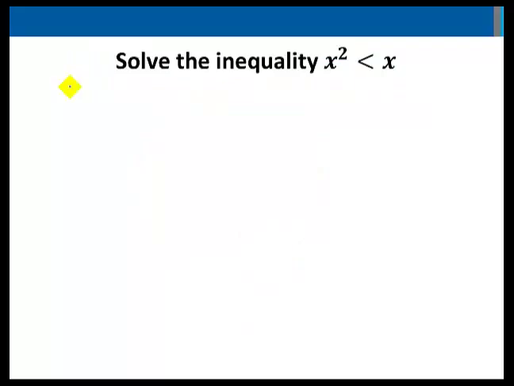Let's next solve the inequality x squared is less than x. I will start by getting a 0 on the right side of my inequality by subtracting x from each side. And then we now have f of x is equal to x squared minus x. We're going to solve for where f of x is less than 0.